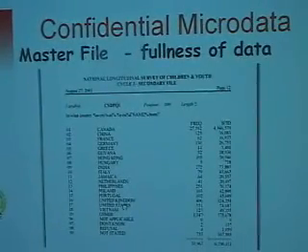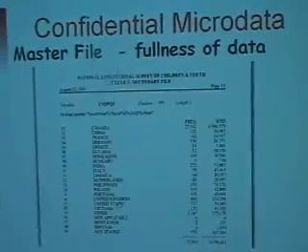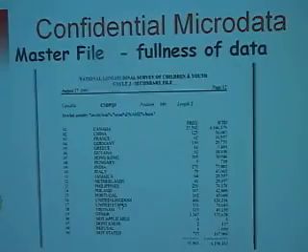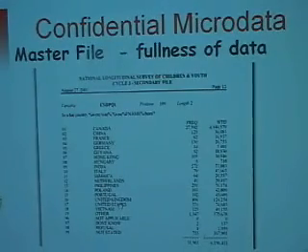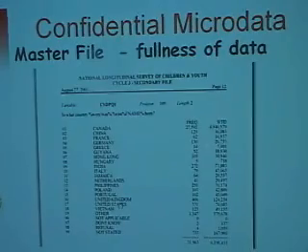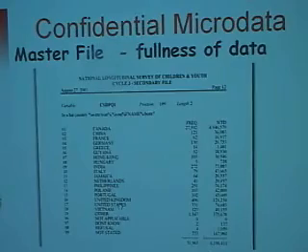So these indicate variables in the microdata that would allow people to be identified, particularly once you began to delve into the data in any way.